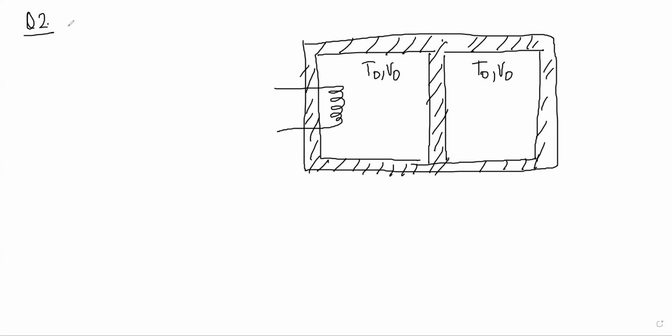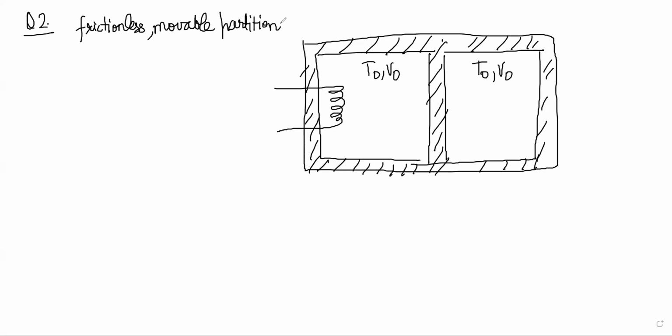So he's saying a thermally insulating cylinder has a thermally insulating and frictionless movable partition in the middle as shown.